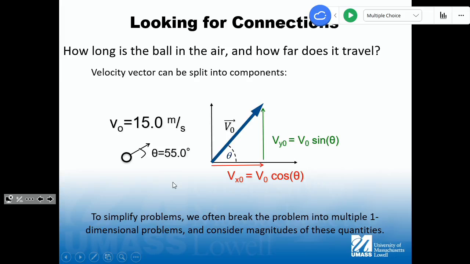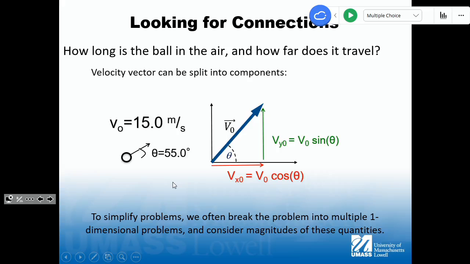Everyone following this step? All we're doing is saying that since the initial velocity vector doesn't lie purely in the x or purely in the y, I have to find out how much of it lies in the x and how much of it lies in the y. The horizontal component comes out to be v0 cosine theta.